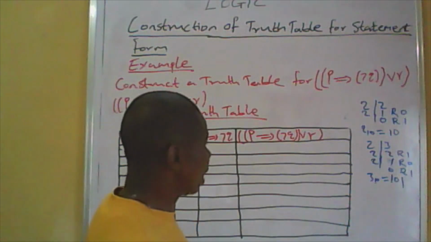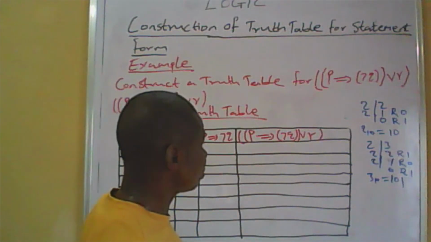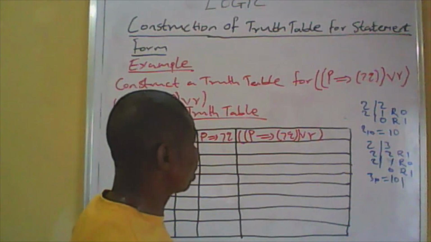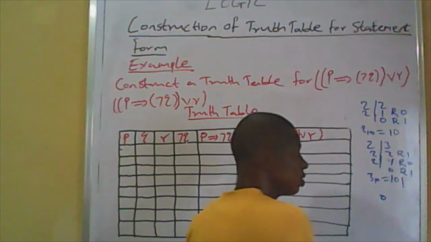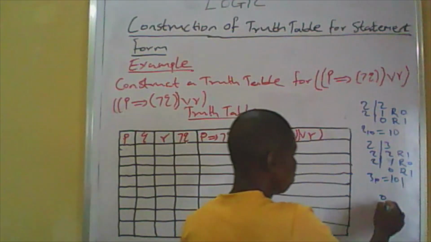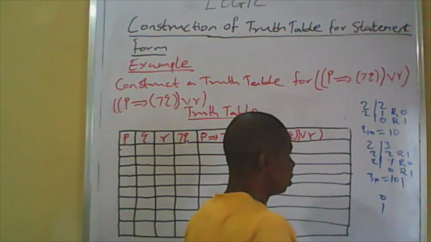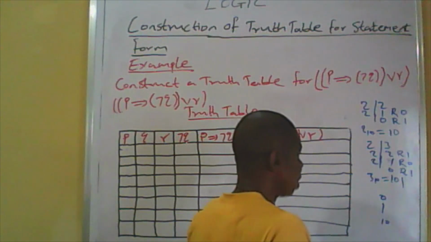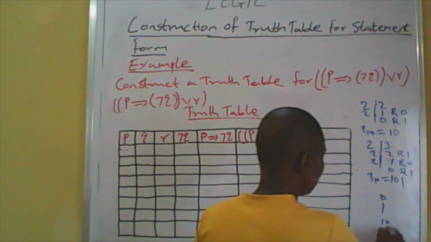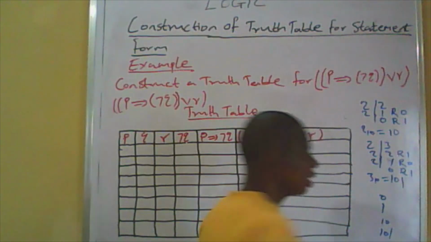We have now seen that the first one is 0, the second one is 1, the third one is 10, the fourth one is 11.